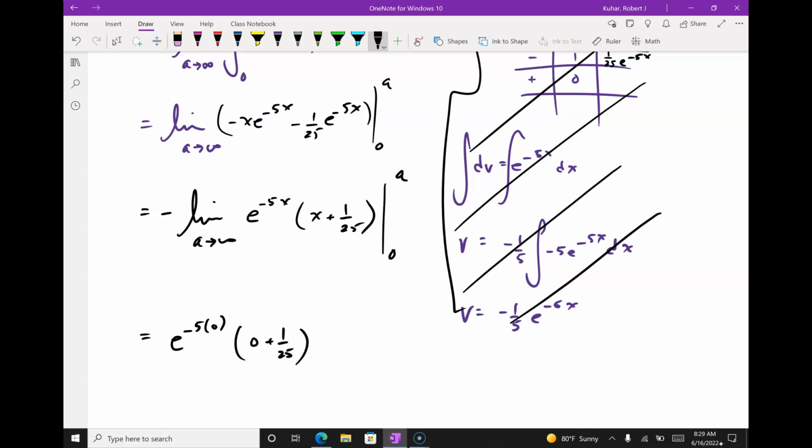Well, that was supposed to be second, so the negative canceled. And now, because I don't have an a in there, I don't need a limit on that. So now, minus the limit as a goes to infinity of e to the minus 5a times a plus 1/25.